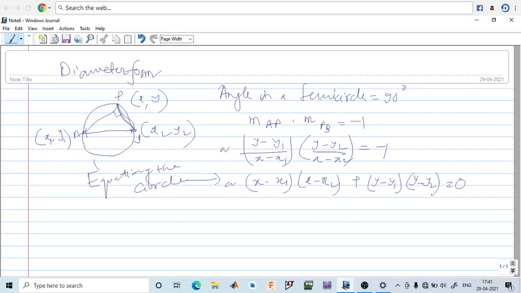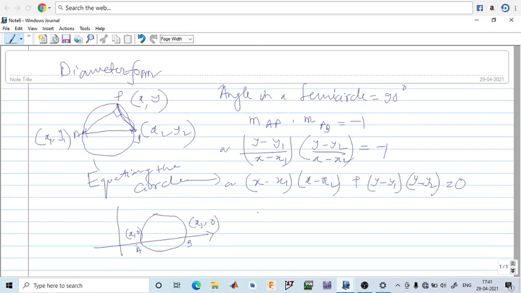Suppose a circle intersects the x-axis at two points. Suppose this is a circle that is intersecting at A and B. Suppose the coordinates of A and B are (x1, 0) and (x2, 0).